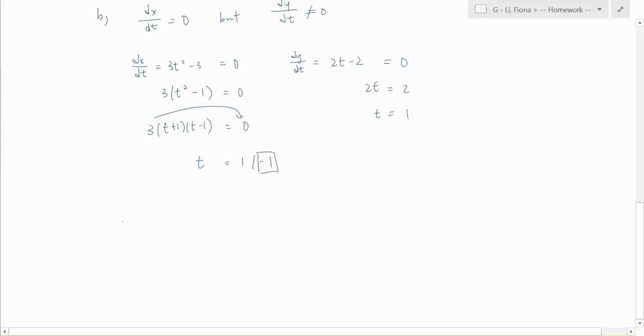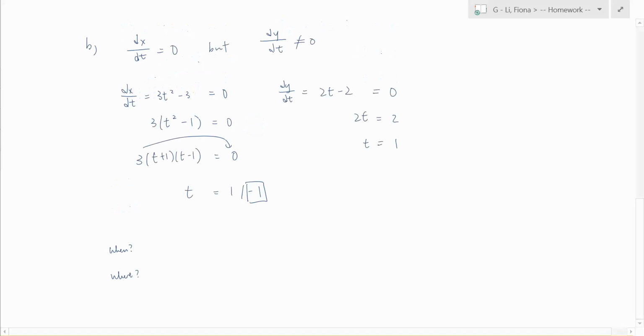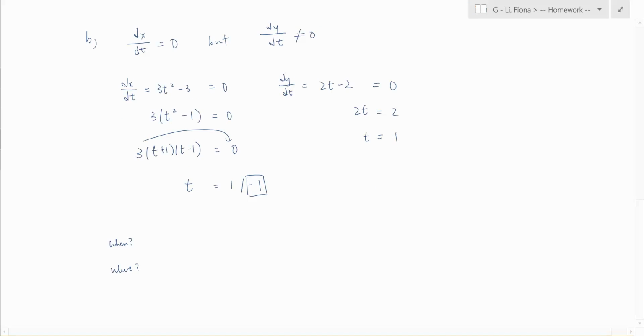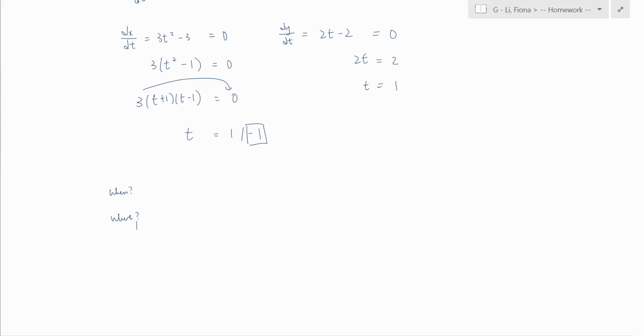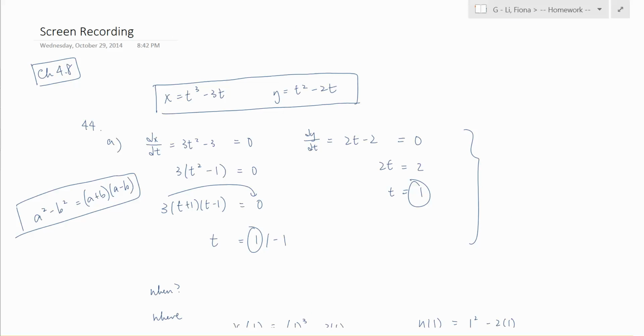So since we have answered the question when, let's answer where. Same thing we did just now. Let's plug in time equals -1 into our very original parametric equations.